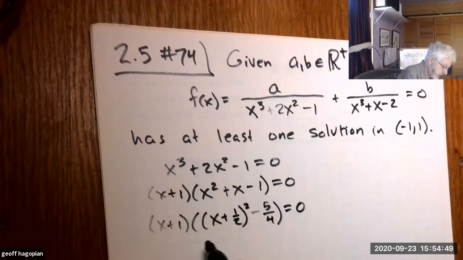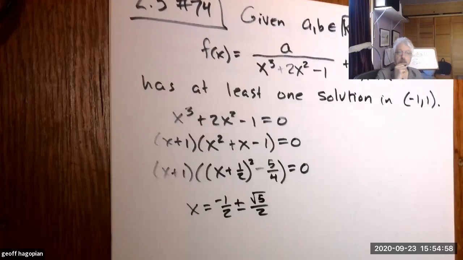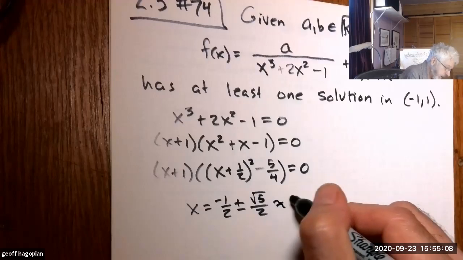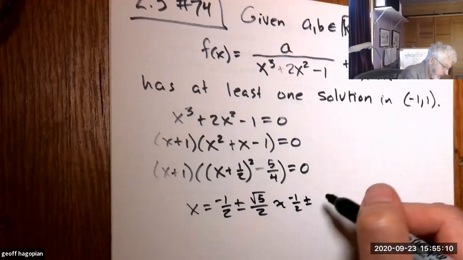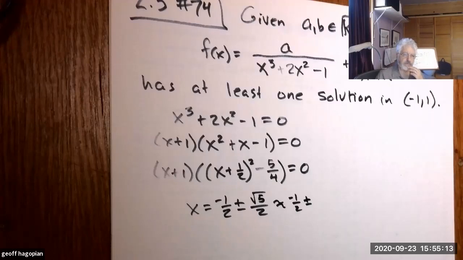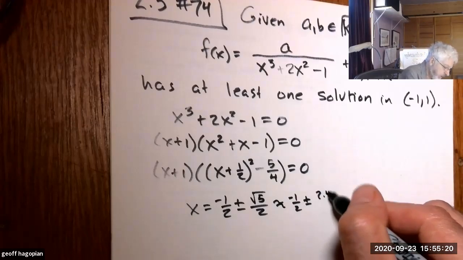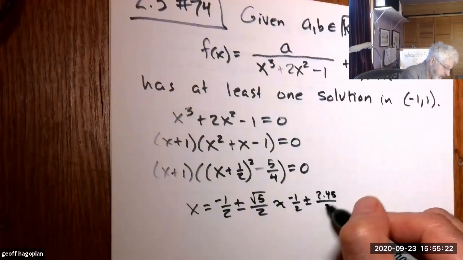So the other solutions are x equals -1/2 plus or minus the square root of 5, over 2. And are those between -1 and 1? Well, this is approximately -1/2. Who knows the square root of 5 offhand? 2.45, I think, something like that. I should have a handheld calculator here.